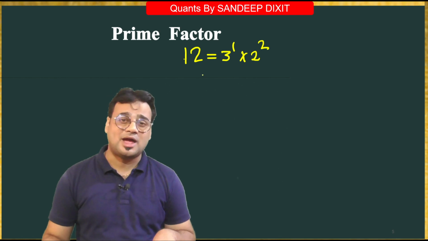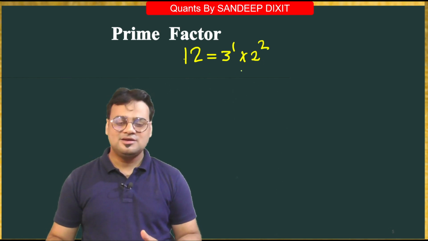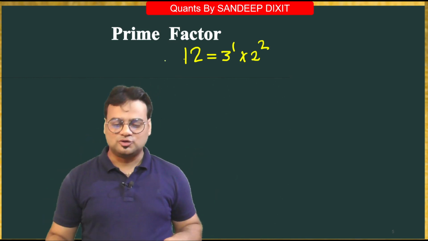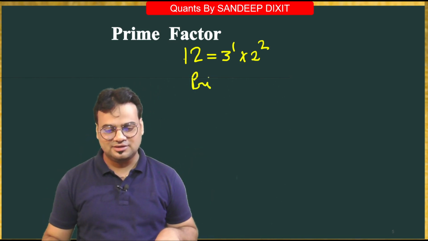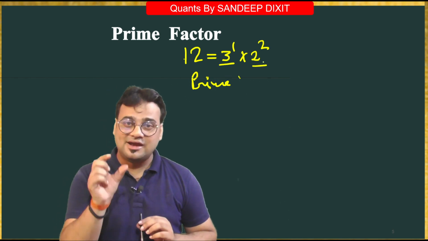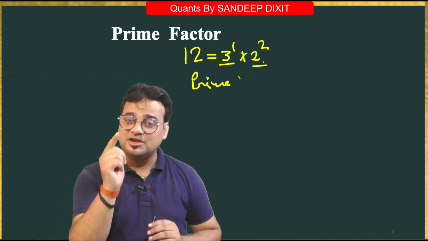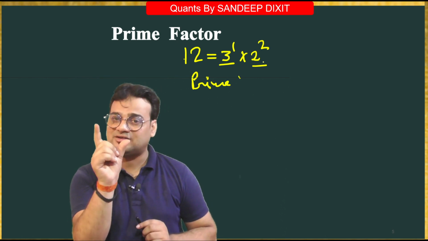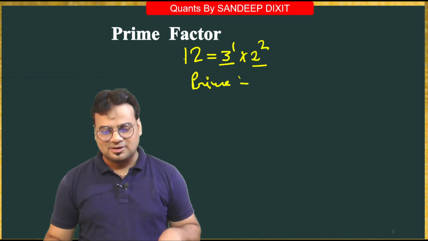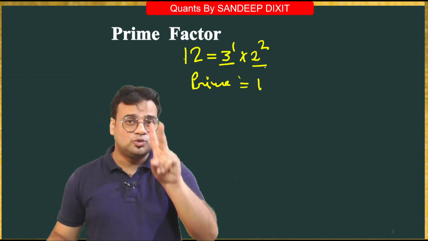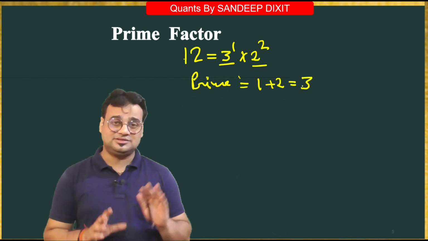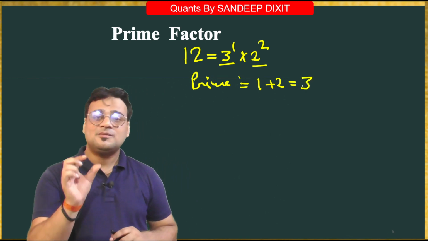Simply we add the powers of the primes. 3 and 2 are prime numbers; 3 appears 1 time, so it contributes 1, and 2 appears 2 times. So the total number of prime factors is 2 plus 1, that means 3. That's the method to calculate prime factors.